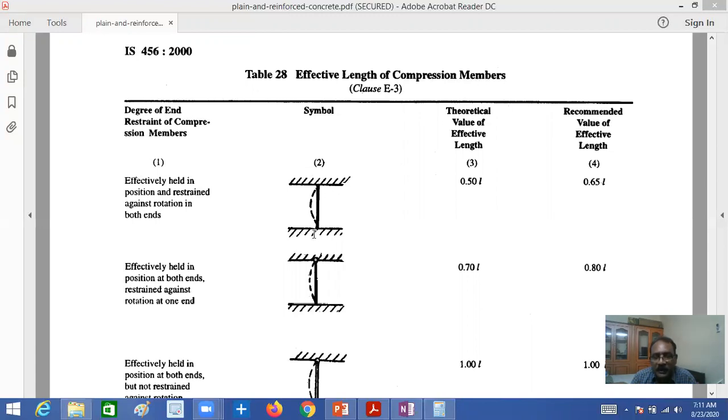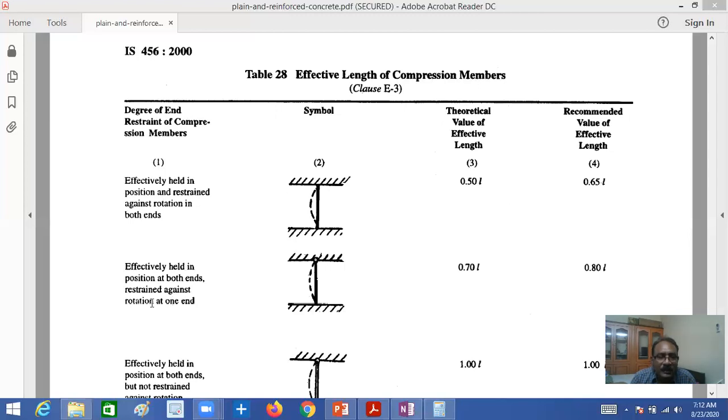So here the effective length is calculated from this equation for compression members: LE theoretical is equal to 0.5 L, but generally you remember the recommended value only, LE equal to 0.65 L. This is a very important condition that we generally use in our examinations.